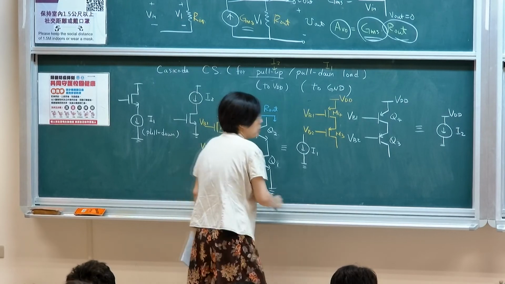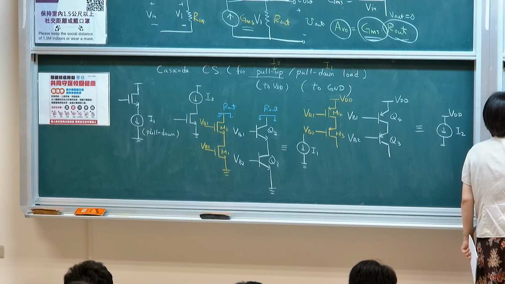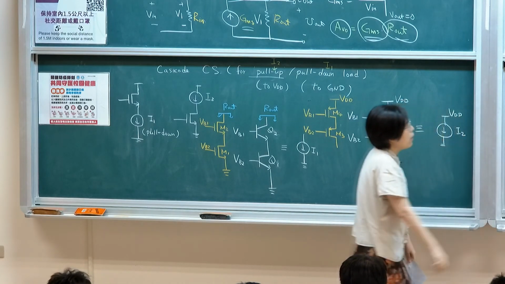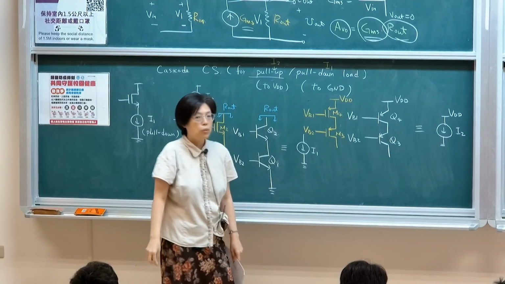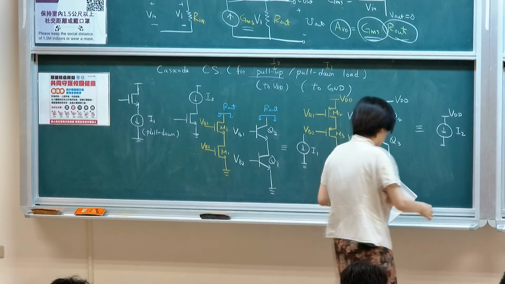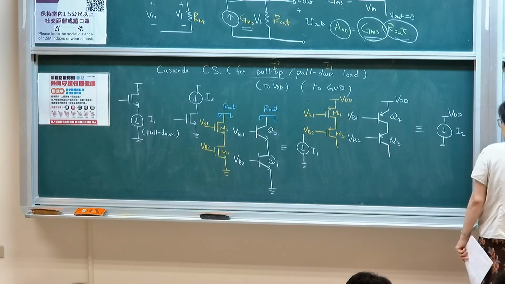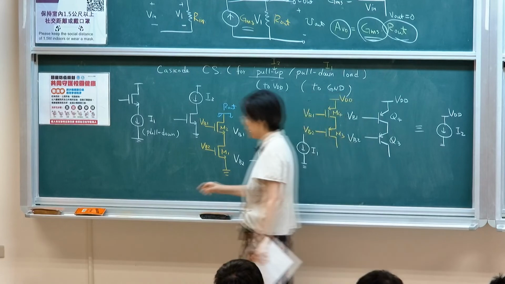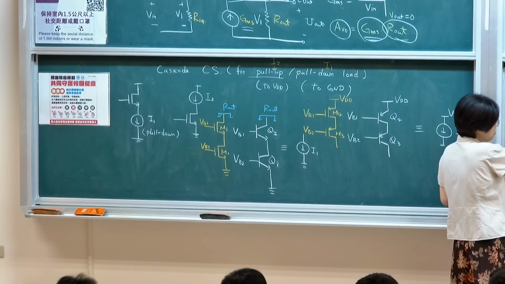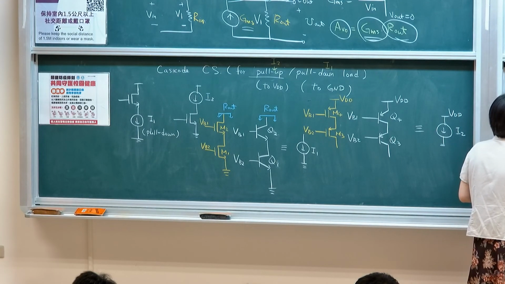What I want to figure out is its output resistance, looking down from the drain. Remember our discussion on the common gate structure. This will be very similar to that. You can view it as, this is a constant bias, therefore you actually see RO1.